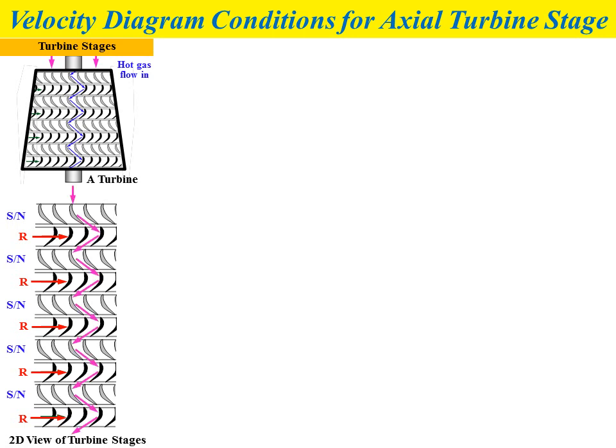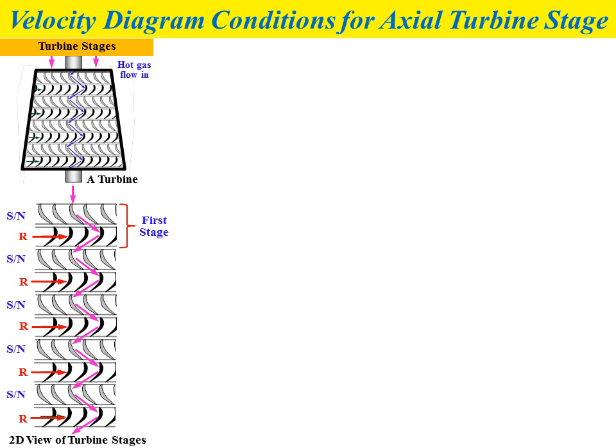And the diagram also shows the direction of fluid flow or gas flow throughout the turbine, as shown by the pink color arrows. So the first nozzle and rotor we consider as the first stage.